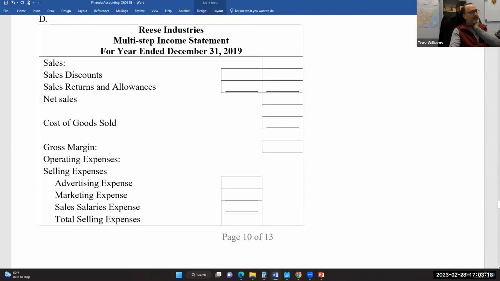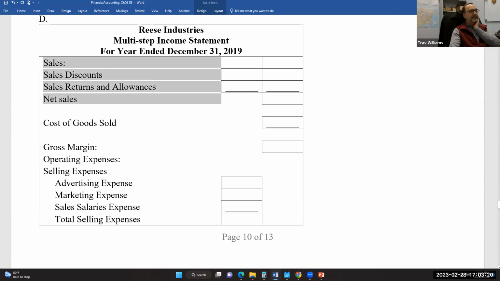And it's called multi-step because instead of just sales revenue, it's broken down by gross sales, which is just called sales, minus discounts that we gave to clients who paid early, and then minus any returns and allowances we gave to our customers. And that will give us net sales. Okay. So that gives more detail than normally we've seen in income statements.